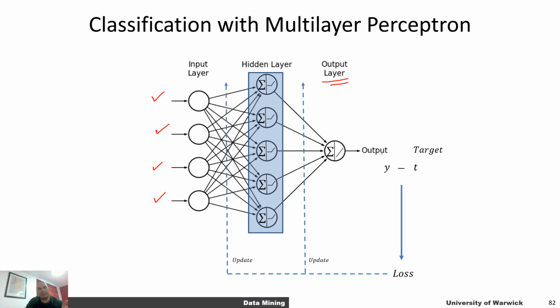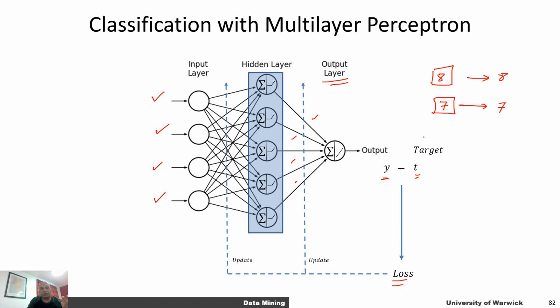For a given input example, we know what the target is, and we can use the difference between the output and the target, which is called loss or an error, and we can use that to update each of these weights that we have in this neural network, and we can achieve classification. So let's say if you want to do image classification, for example, if an input image contains 8, your output should be that it contains an 8 in it. If there is a 7 in it, let's say you want to produce 7, and so on.